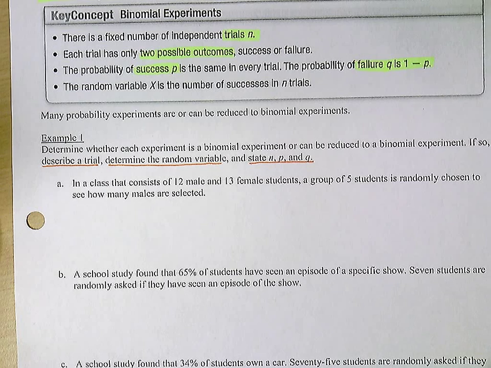Now we have to decide if this is a binomial experiment. So if I take 1 student to make that group of 5, does my probability stay the same that I'm going to select a male student? Will your probability remain the same if I take one of those students away?